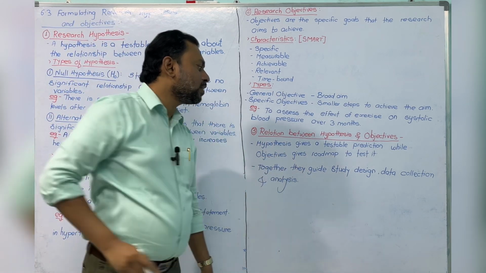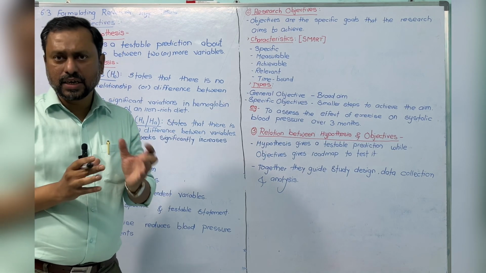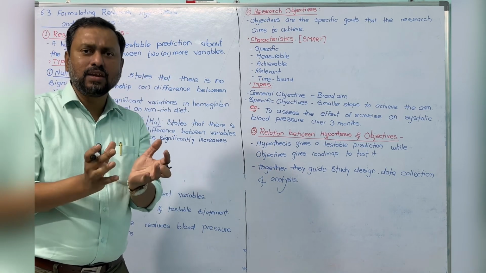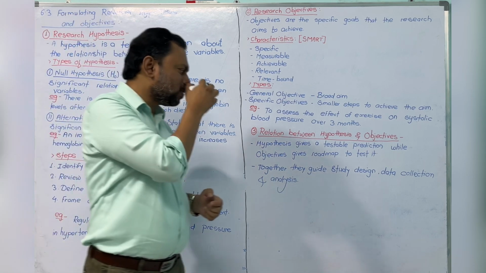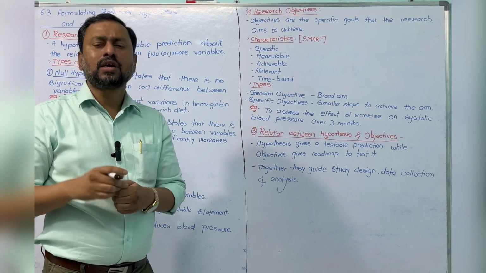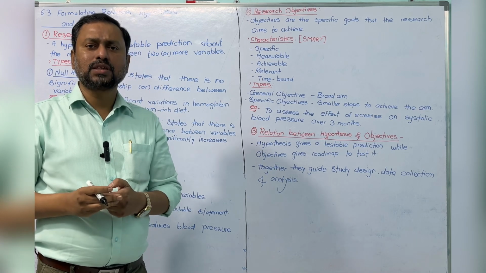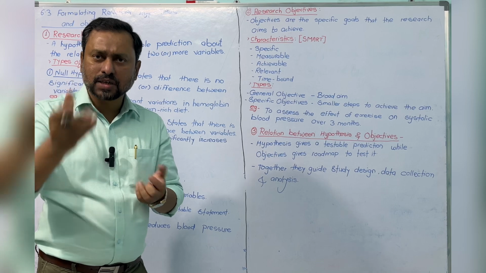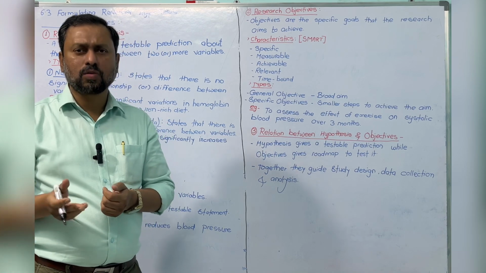Next, together they guide the study design. Both help you design your research as well as data collection. Through what method are you collecting the data? Visiting the patient's house directly, calling hospitals, interview methods, telephonic methods, or questionnaire methods.